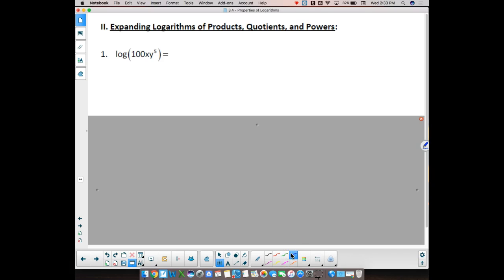So the first thing that I'm going to do is I'm going to write log of 100. That's the first part. Plus log of x. That's the second part. Plus log of y to the fifth. That's the third part.